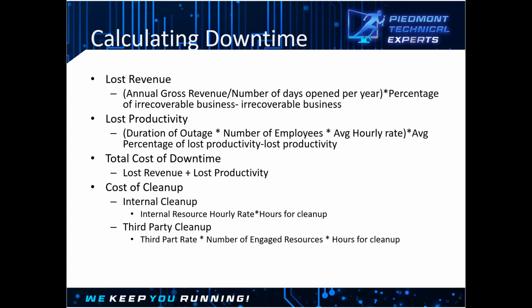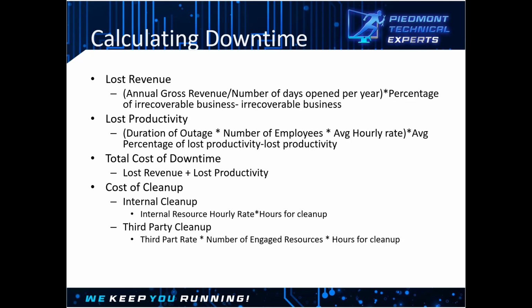All right. So if you have an internal IT resource, it's going to be that person's hourly rate times the number of hours that they work cleaning it up. Again, 4 to 8 hours is the average that I would use for ransomware, and that's a per machine cleanup. So whatever their hourly rate is times the number of hours.